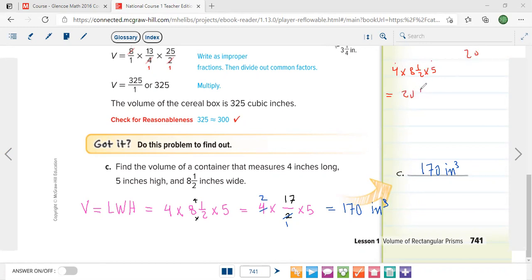So this is like 20 times 8 and a half. 20 times 8 and a half is like 2 times 8 and a half, and we will drop the 0. 2 times 8 and a half means 8 and a half and another 8 and a half, which is 17. Drop the 0, so 170. So you can do the normal multiplication, or you can do it mentally, it's up to you. Whatever is easy for you, go with it.